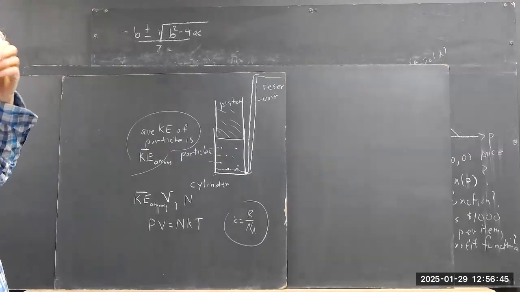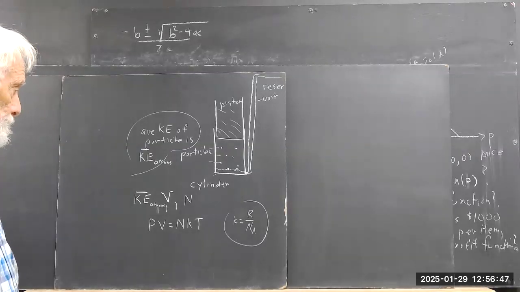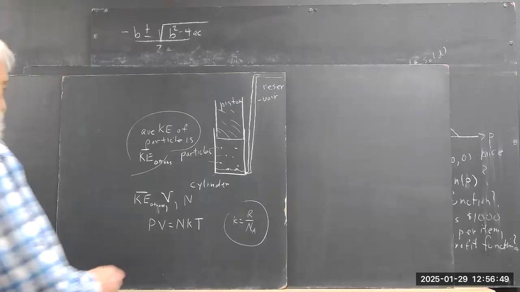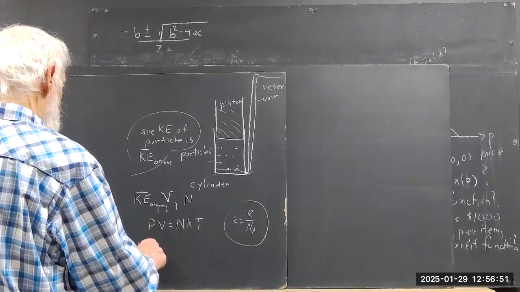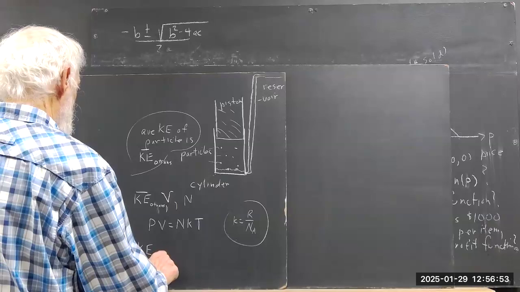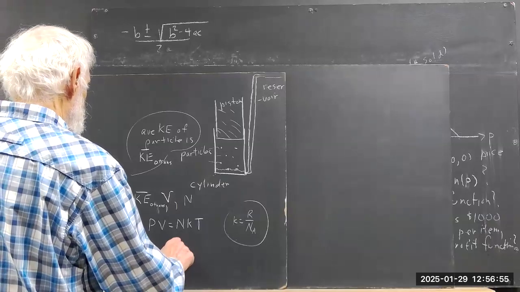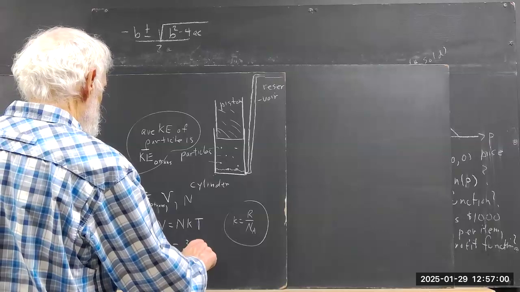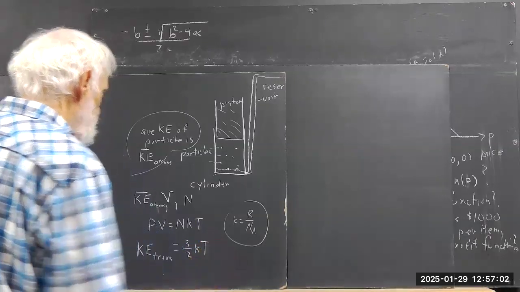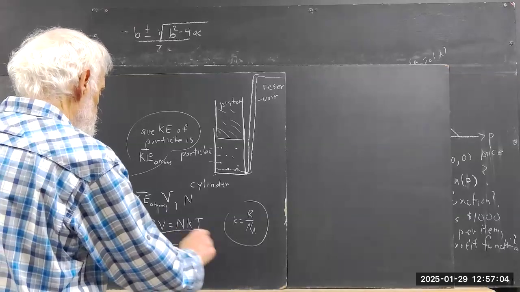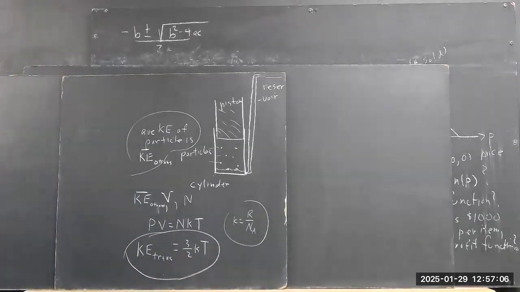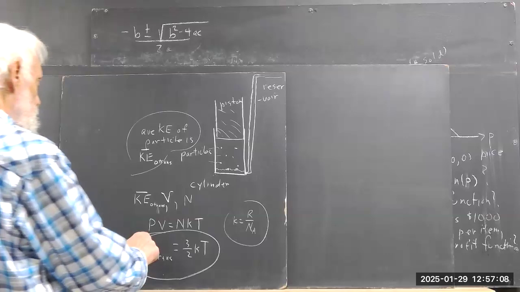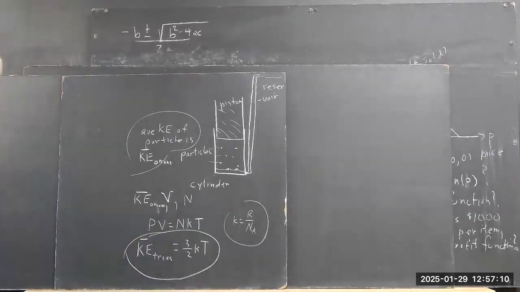Now, having explained that, I'll just tell you: the average translational kinetic energy is 3/2 kT.